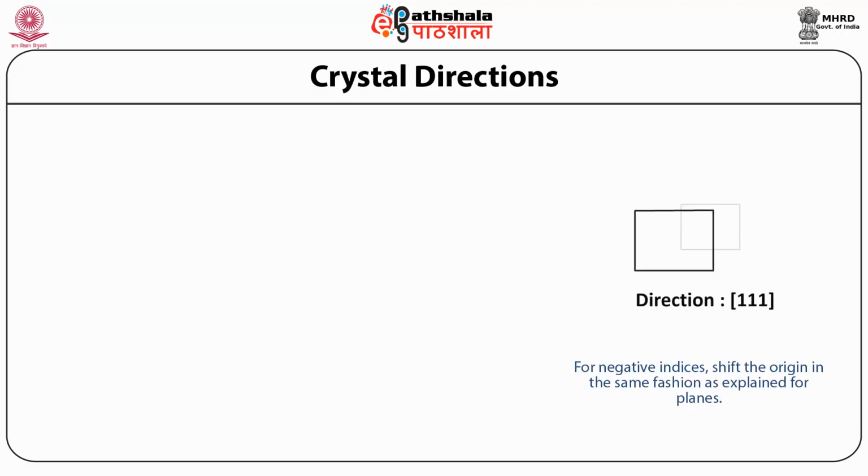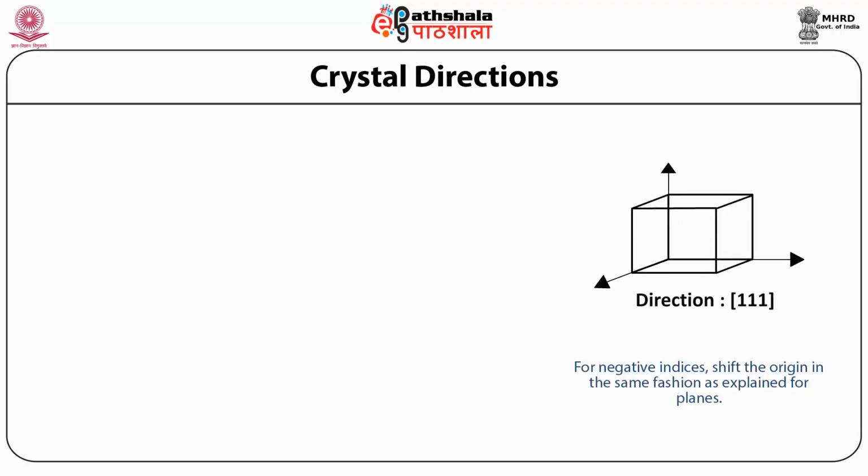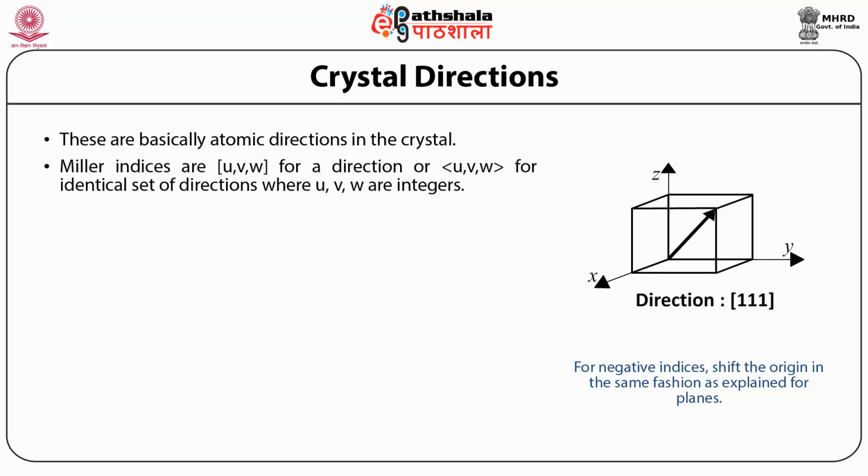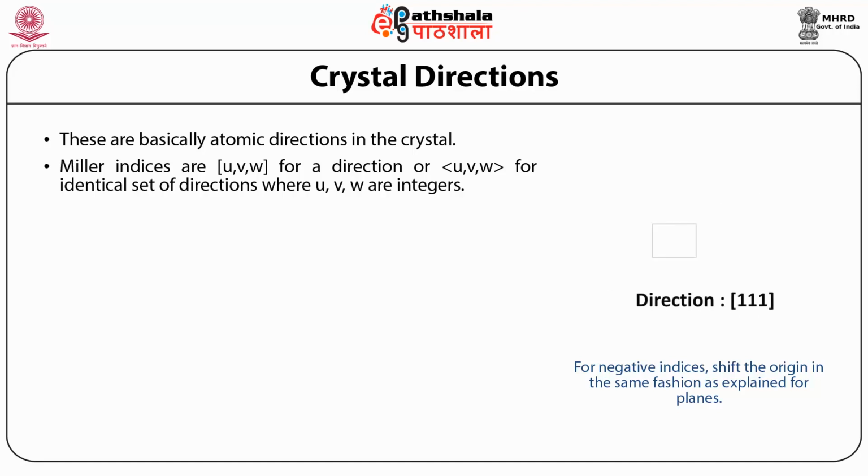Now moving towards the crystal directions, let us discuss it. The crystal directions are basically atomic directions in the crystal. The Miller indices, which we have discussed, are the reciprocals of the intercepts; here we represent the directions with u, v and w, for a direction or an identical set of directions, where u, v, w are integers.